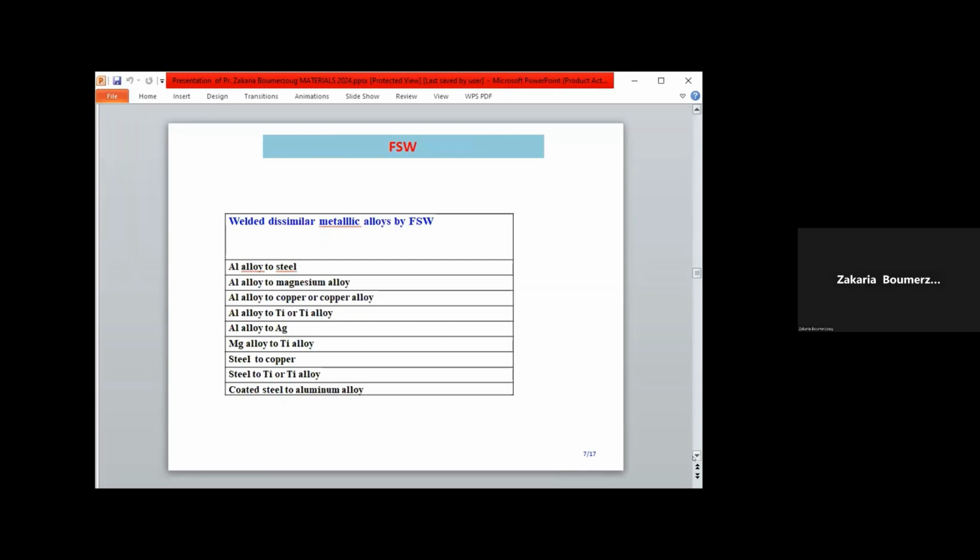For example, this table presents examples of dissimilar welding of dissimilar metals by friction stir welding.